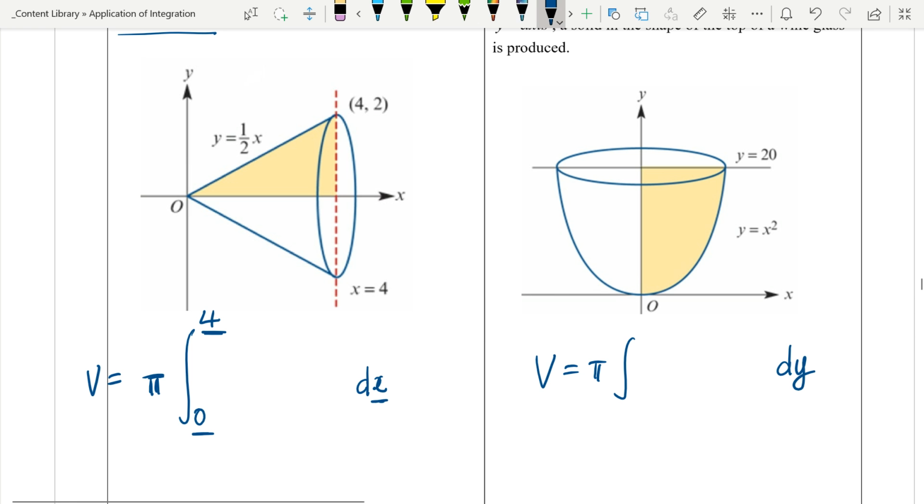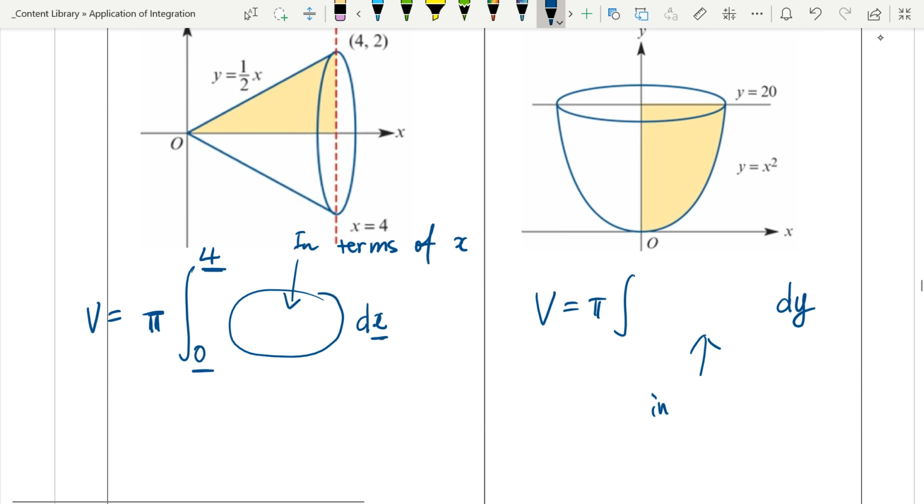So between which values you can form this area. This area is bound between the x-axis and the line, and in this place we should have things in terms of x, because I want dx. But in this box we should have things in terms of y, because I want dy.